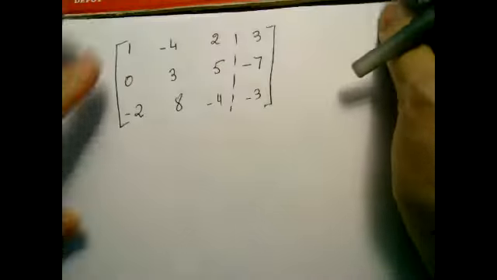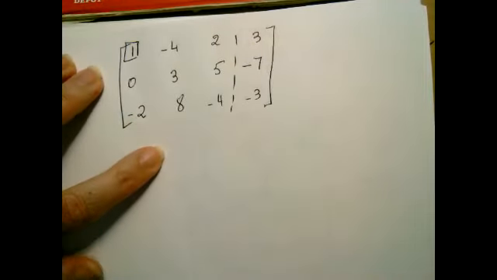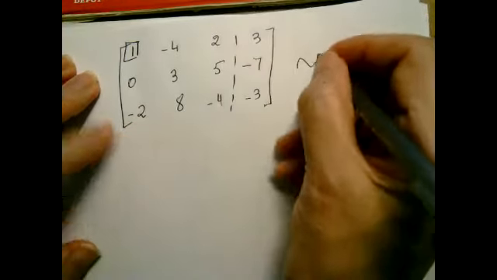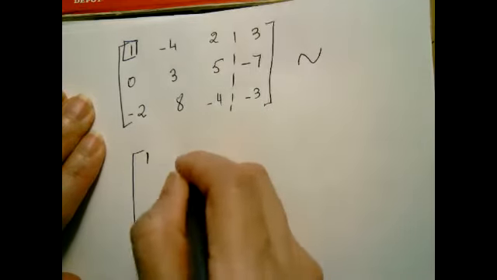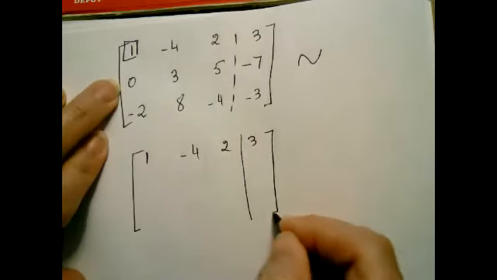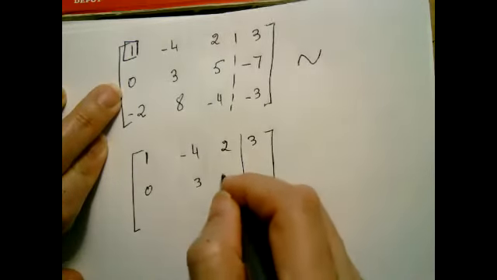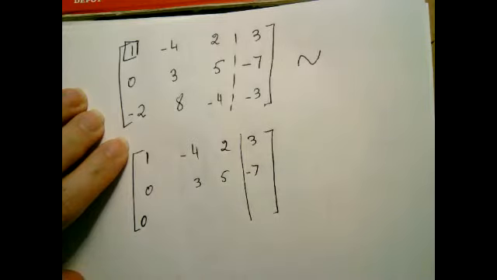Okay, now we solve. I go after my leading 1. I have 1 sitting nicely here, so I do not even touch it. I use it to make this into a 0, so I'm right there, 1, minus 4, 2, and a 3. I have a nice 0 here, I will leave it. And then 2 minus 2, it's a 0.